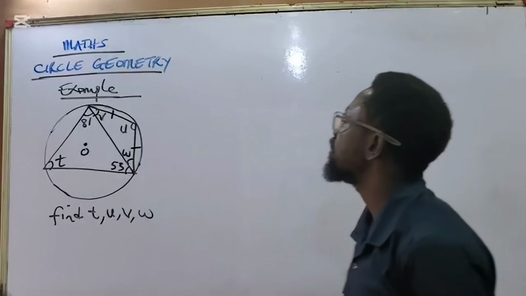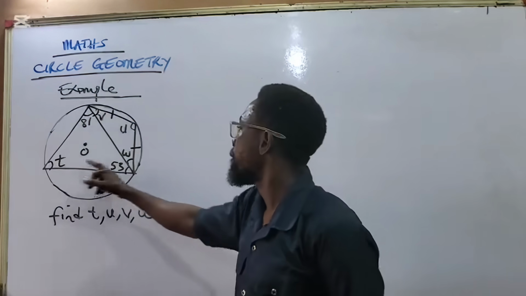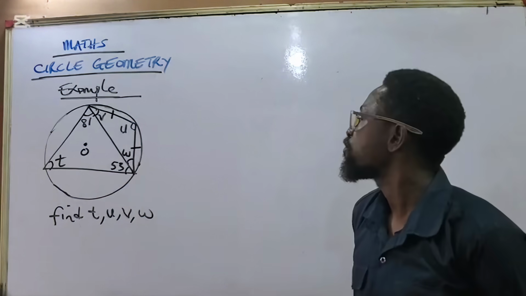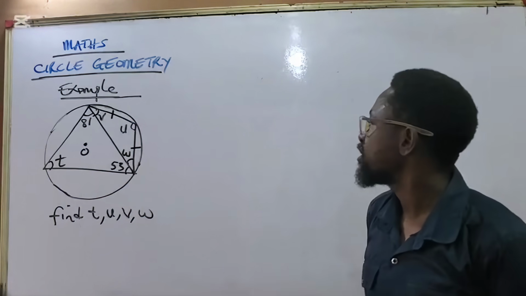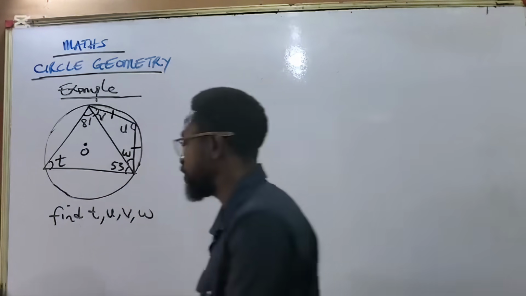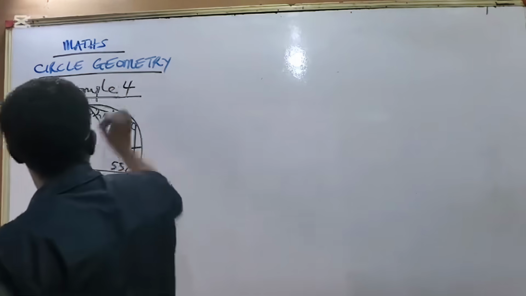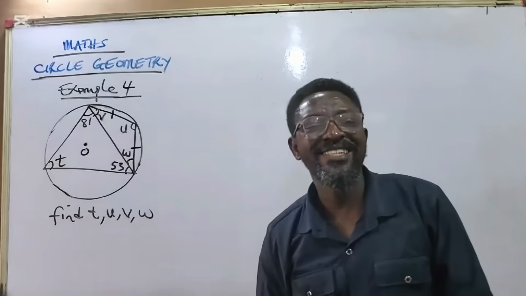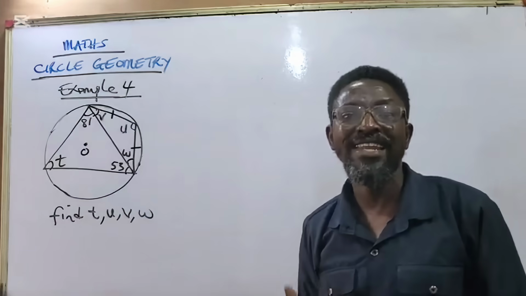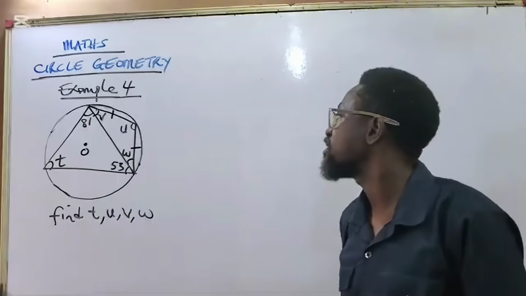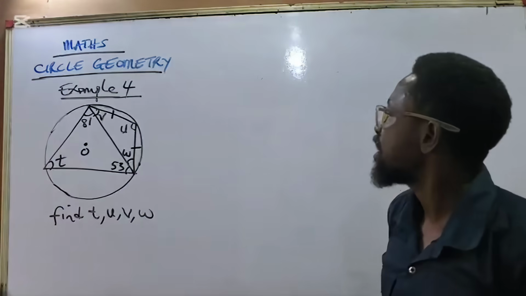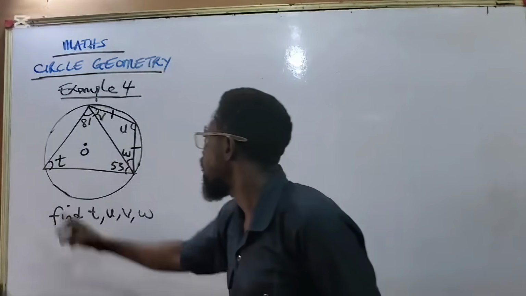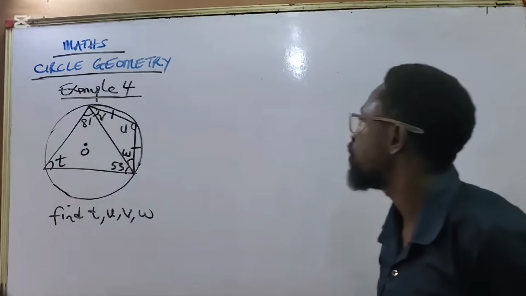you see that this one is a triangle. That's a triangle. And from what we just did in the previous example 3, this is example 4 now. So the sum of angles in a triangle is what? 180 degrees. Since I know that the sum of angles in a triangle is 180 degrees, I can get the value of t.